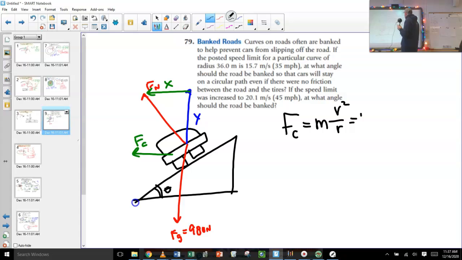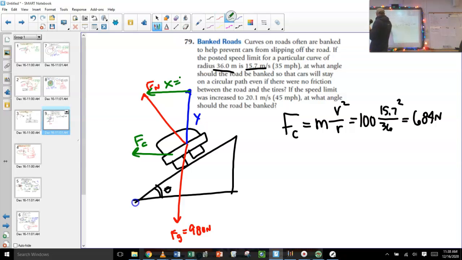I made up a mass of 100. My velocity, they're telling you, is 15.7, and the radius is 36. So if you take 100 times 15.7 squared over 36, you get 684. That is what this has to be.